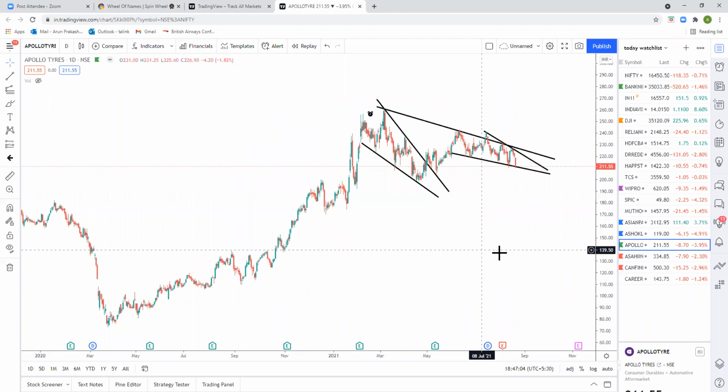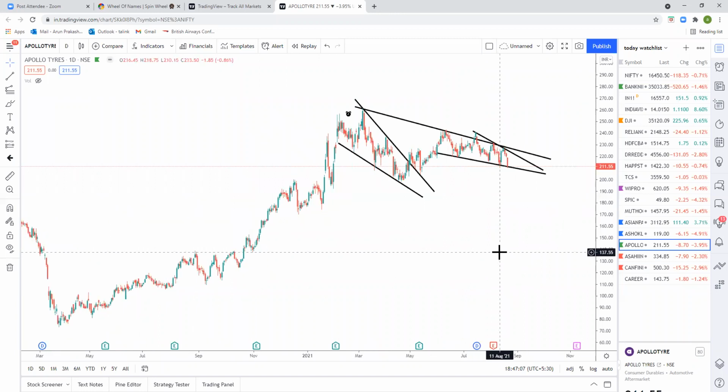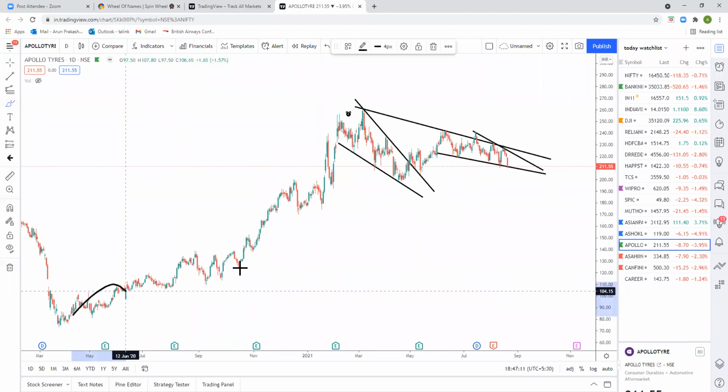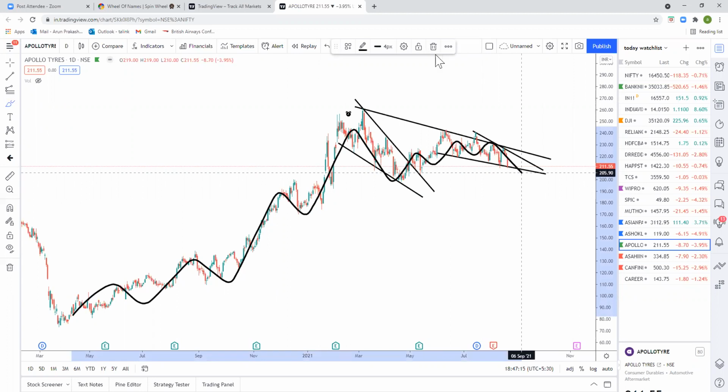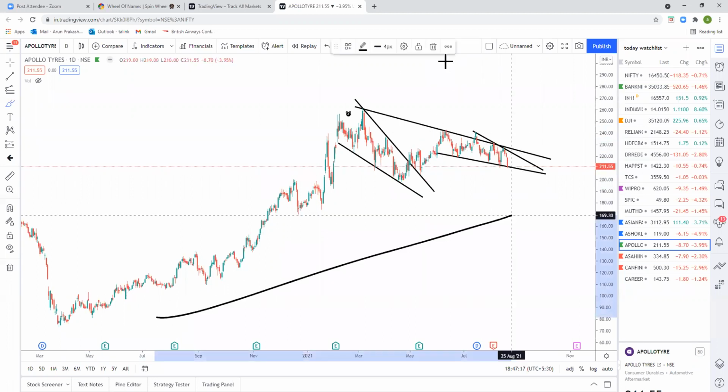It is an uptrend and now in consolidation mode. Consolidation, very good. So it was in an uptrend, now in a consolidation phase. So the major trend is still uptrend.